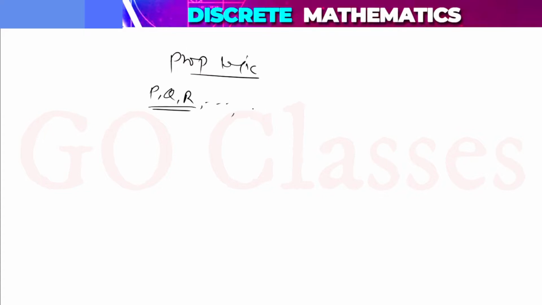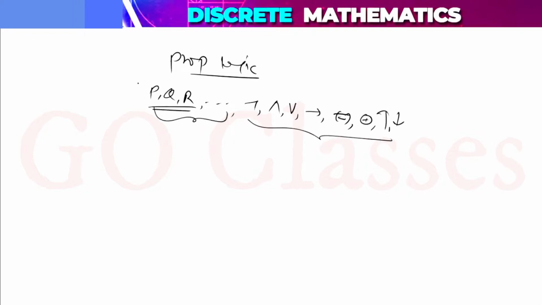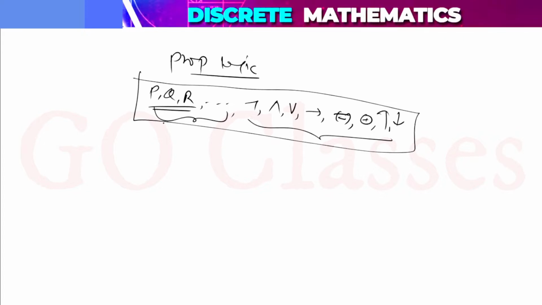And you have some binary operators, or logical connectives, for example, negation, conjunction, disjunction, implication, biimplication, XOR, NAND, NOR. These logical connectives and these propositions make up your propositional logic, nothing else.